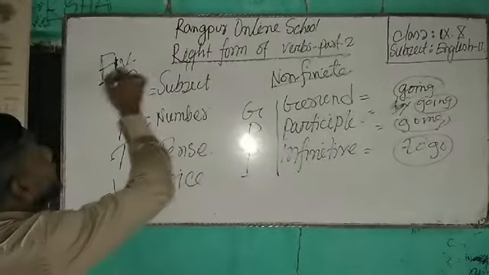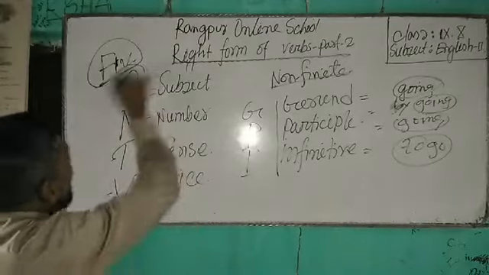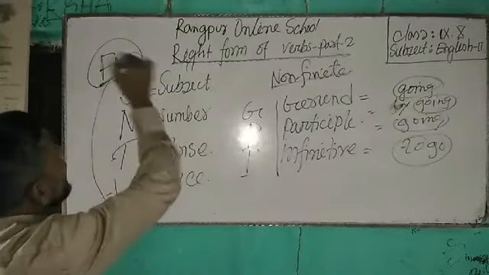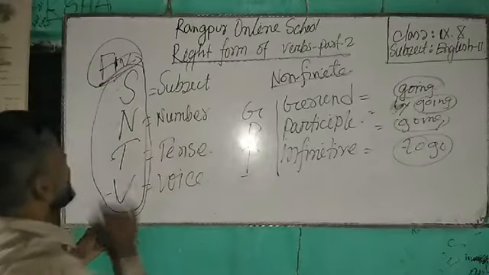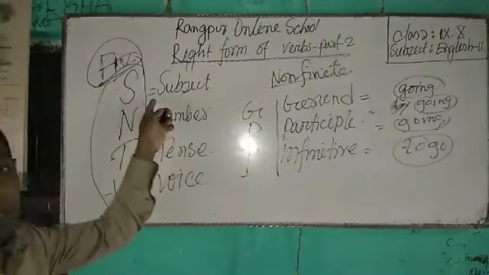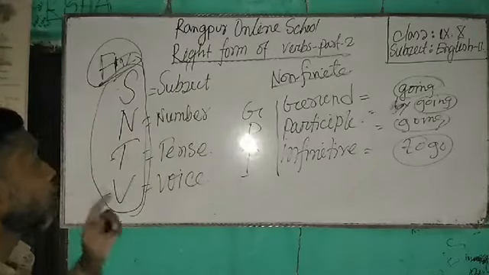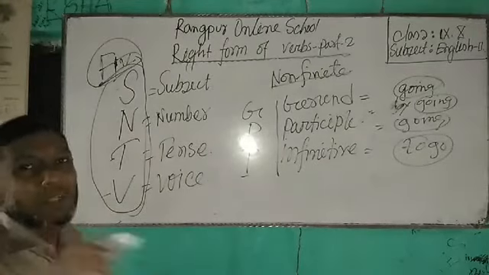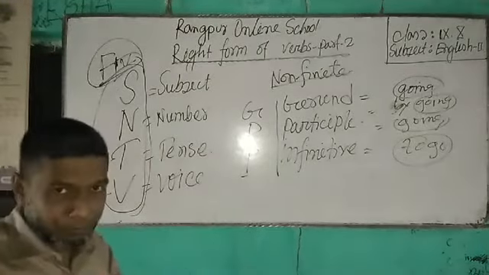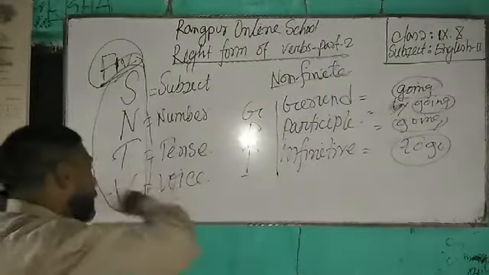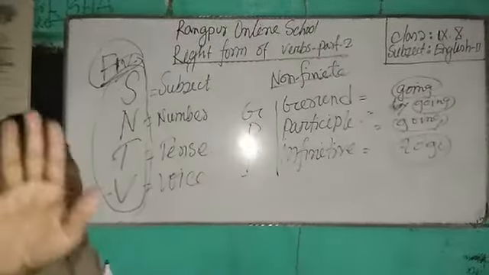Number 1, the finite verb. How can I identify finite? The technique is only SNTV. S for subject, N for number, T for tense, V for voice. Meaning, if any verb is determined by these 4 things, it is called a finite verb.